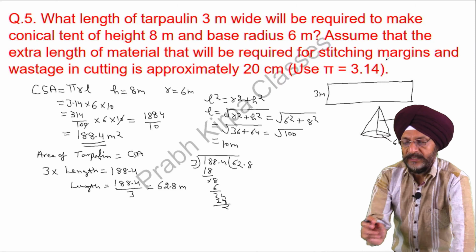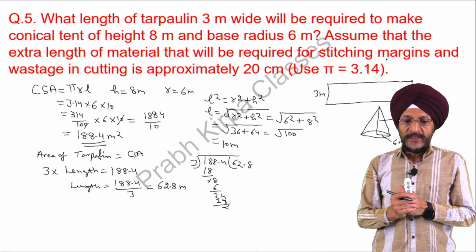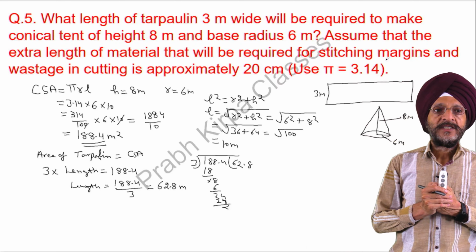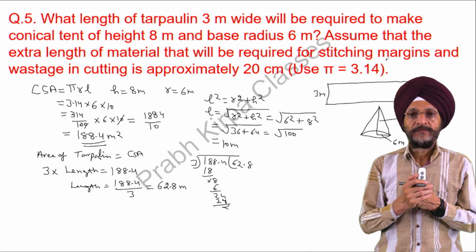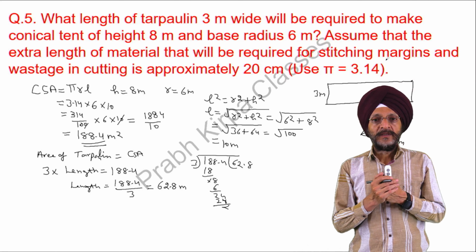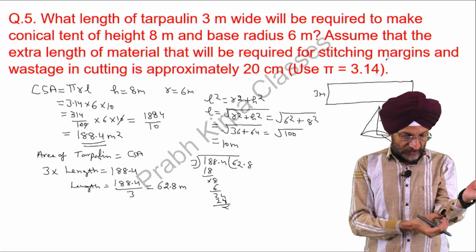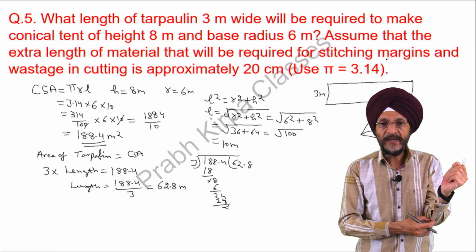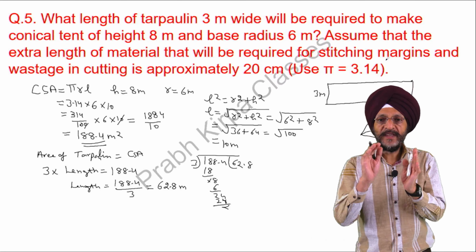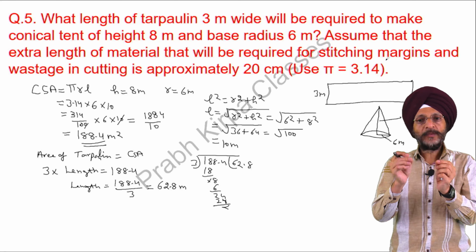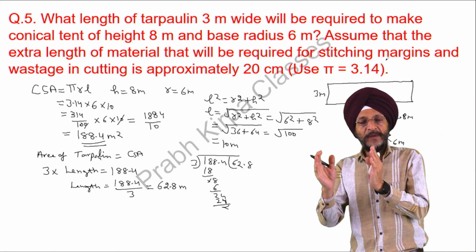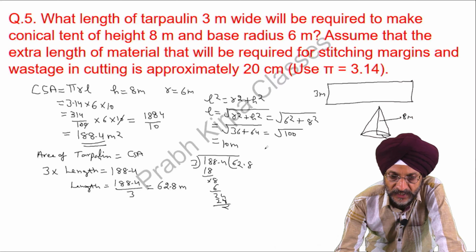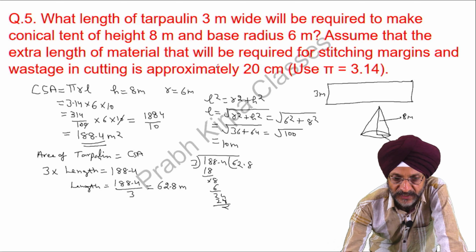But here we have been given that some cloth will be wasted in stitching or cutting. Just as cloth is folded to make a shirt, in the same way when the tent is made, some cloth or tarpaulin is wasted in cutting or folding or in stitching margins. So what is the stitching margin?